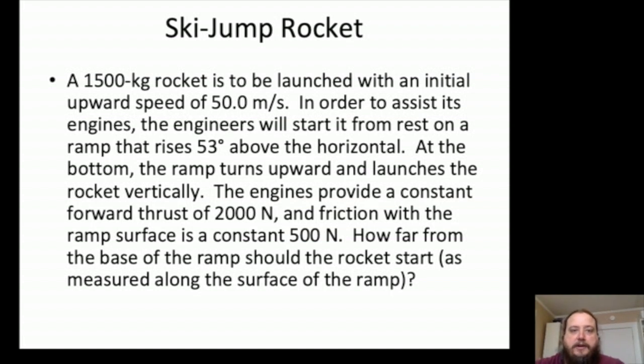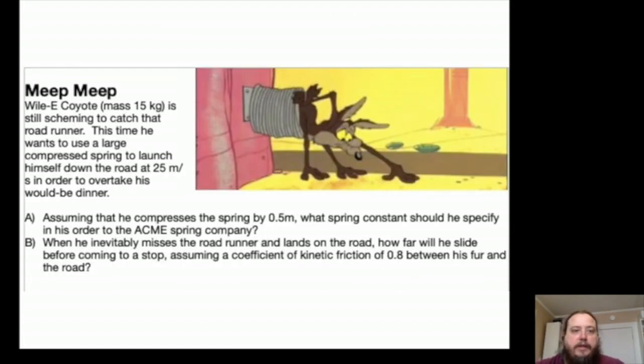Okay, well, let's try another example. Here it says Wile E. Coyote, who has a mass of 15 kilograms, is still scheming to catch that roadrunner. This time he wants to use a large compressed spring to launch himself down the road at 25 meters per second in order to overtake his would-be dinner.